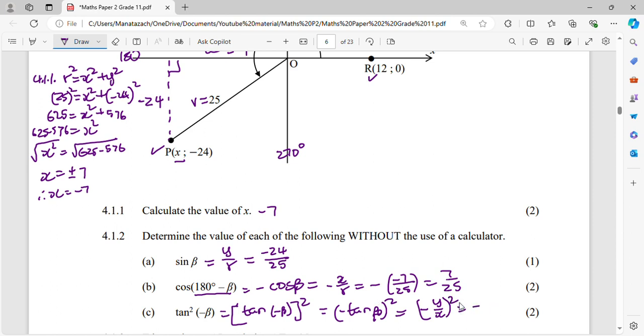Okay, we know that y is minus 24, so for y I'll replace it by minus 24. x is minus 7. So everything is going to be squared again. So that should give us 24 squared is 576 divided by 7 squared, which is 49. This is the value.